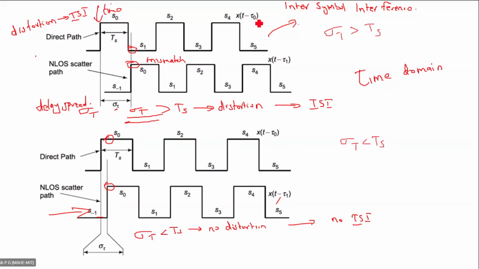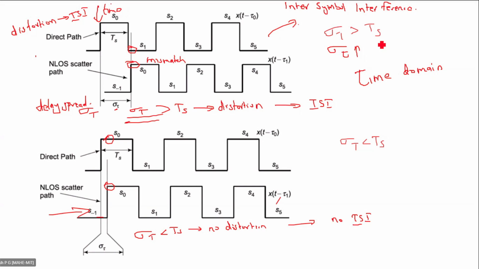If you look at this equation, if sigma tau, the delay, is greater than Ts, then there will be a distortion, and that distortion is called inter-symbol interference.